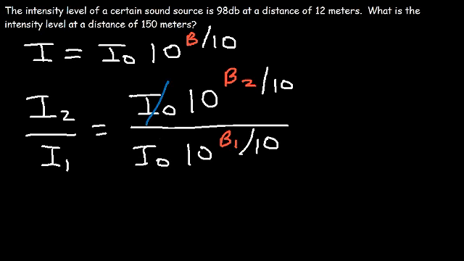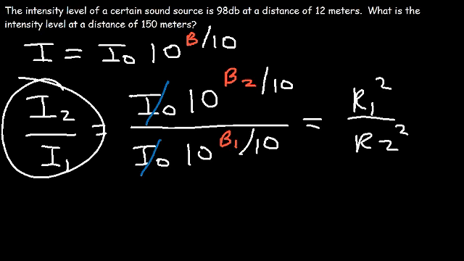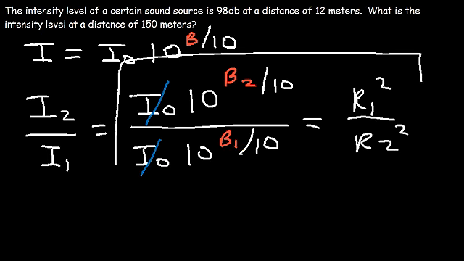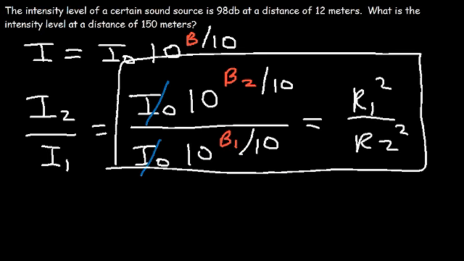So we can cancel I naught. And keep in mind, I2 over I1 is equal to R1 squared over R2 squared. So now let's ignore this portion of the equation and let's focus on these two since they are equal to each other.